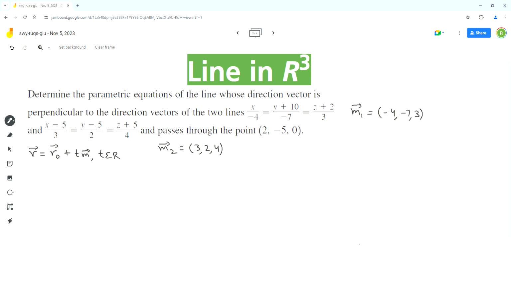Now the direction vector that we have to find is perpendicular to these two direction vectors. So we can find our direction vector by doing the cross product of these two direction vectors, because the cross product gives us a vector which is perpendicular to the two vectors for which we are finding the cross product.